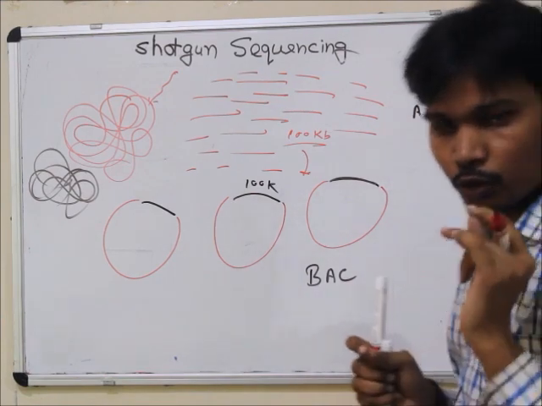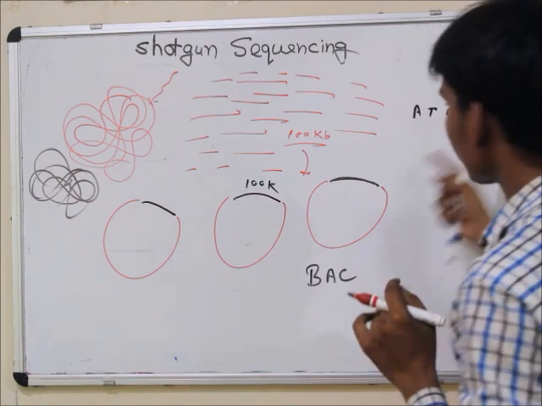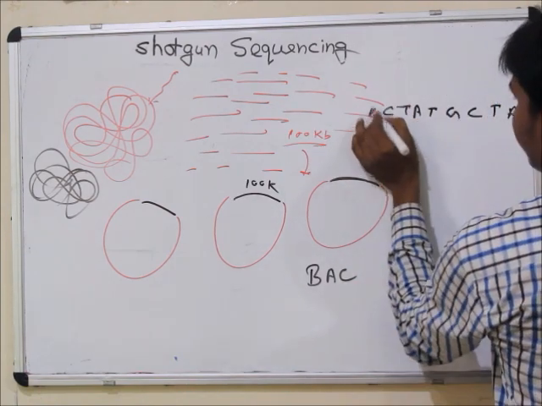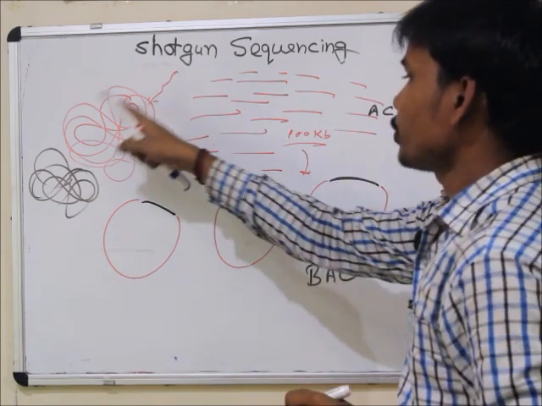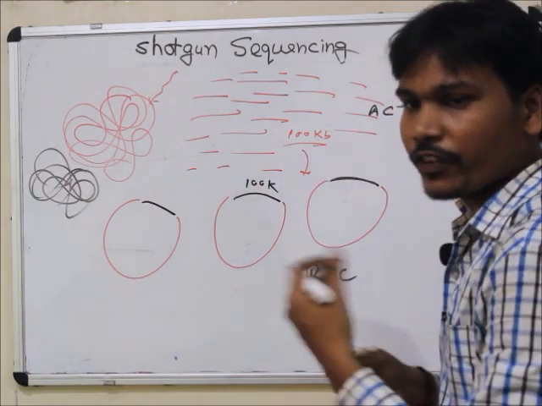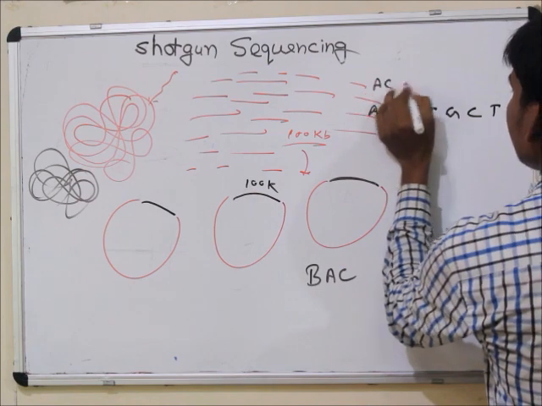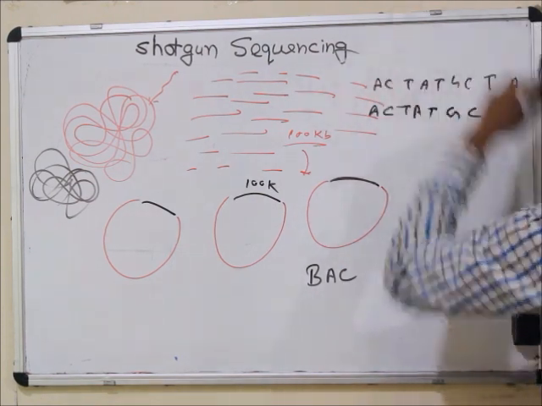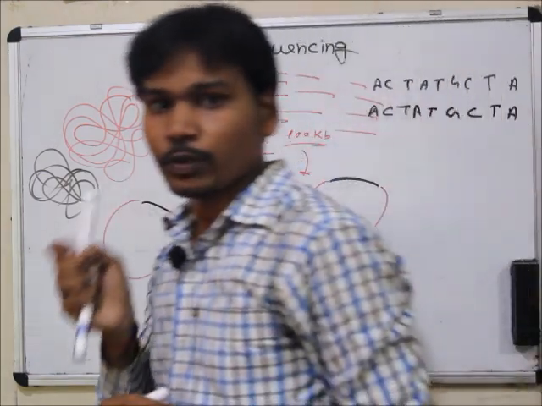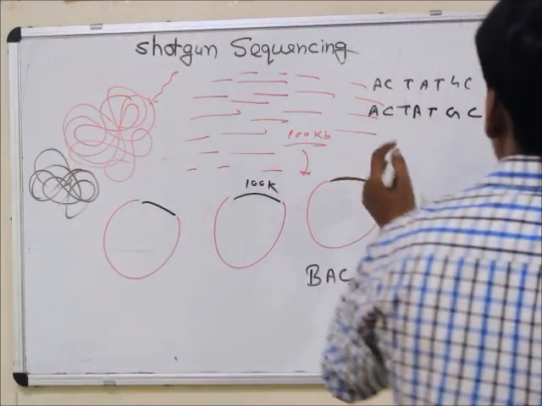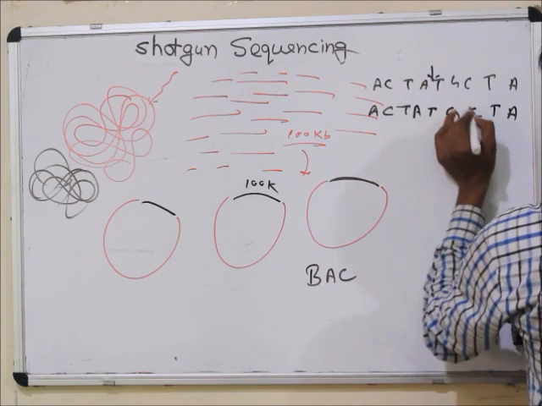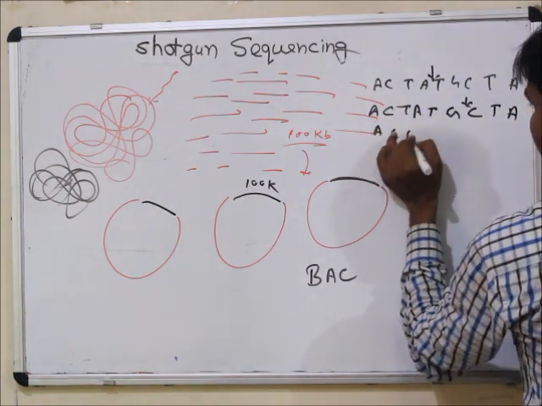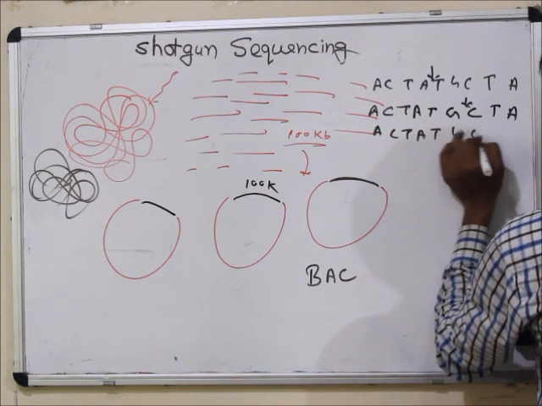The genome will be fragmented into many different pieces such as A, C, T, A, T, G, C, T and A, and many more of that same sequence.